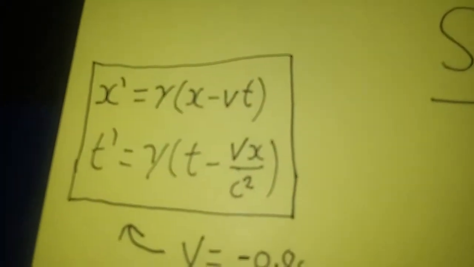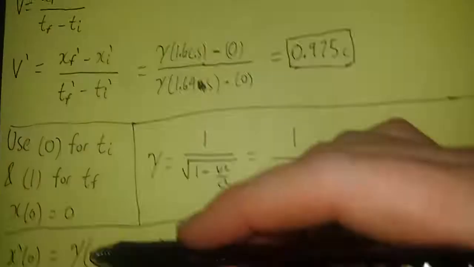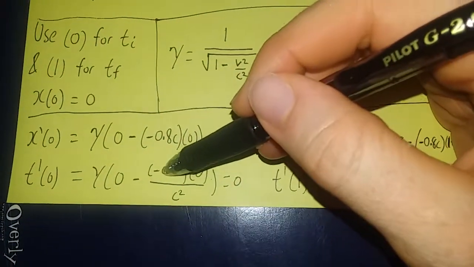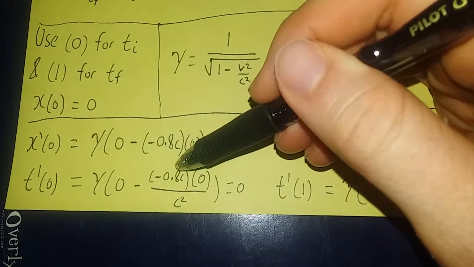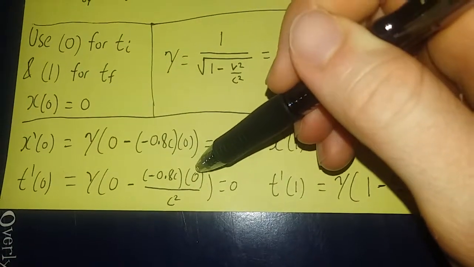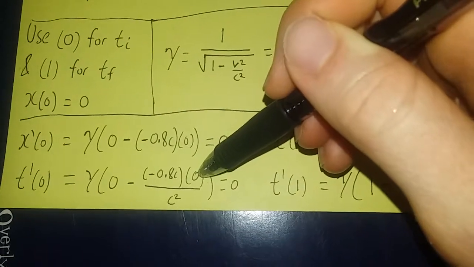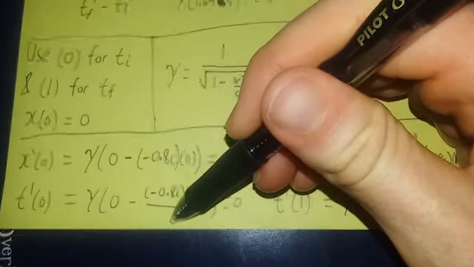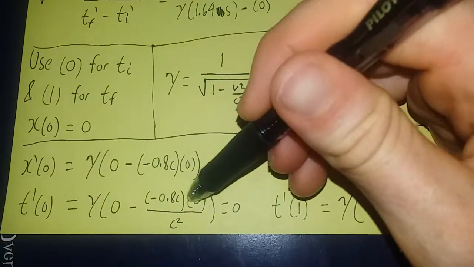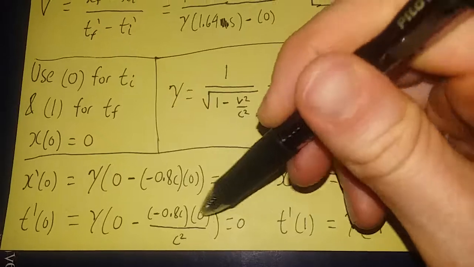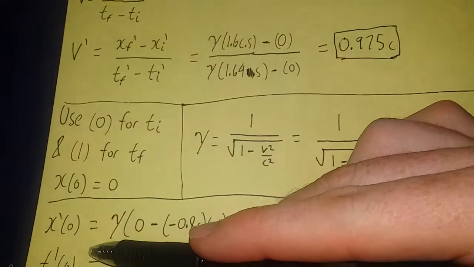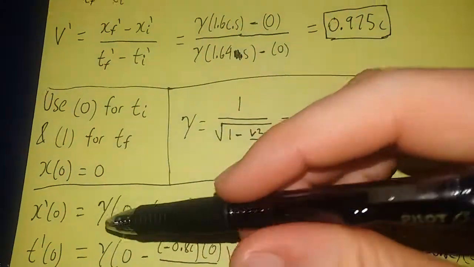Now t prime, again, is that equation right there. So we have 0 for time minus negative 0.8 c for the velocity. We have 0 for x because at t of 0, we're starting at x of 0, and we divide by c squared, but this term's 0 anyway, so we're not worried, so 0. So x prime 0 and t prime 0 are 0, while x of 0 and t of 0 are also 0.